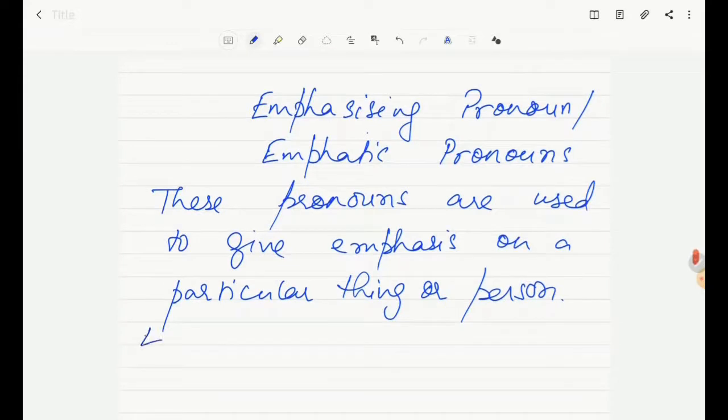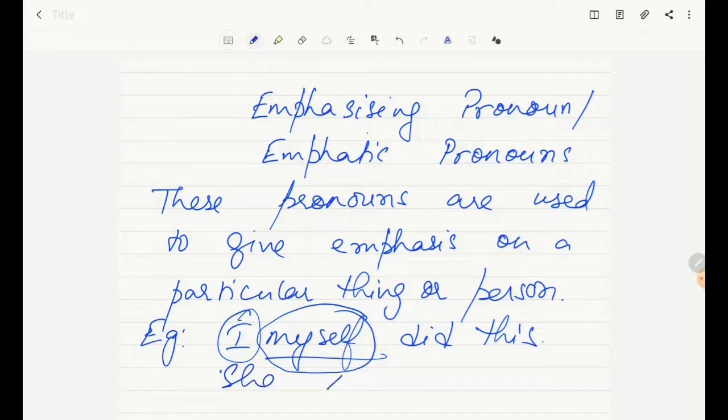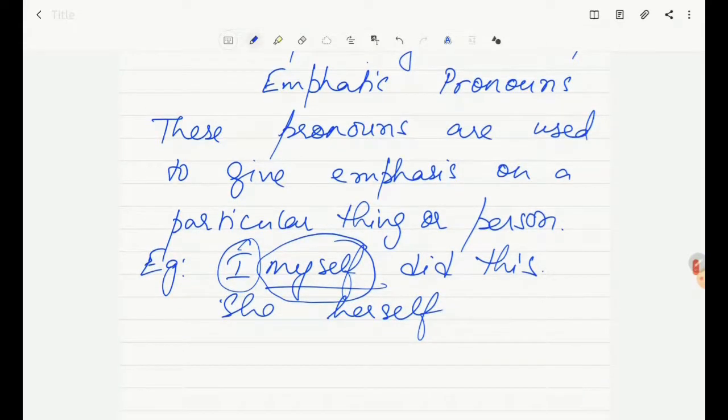Example, I myself did this. So myself is giving emphasis on I, meaning I am the only person who has done this. So emphasis is given on the word I by the pronoun myself. She herself completed the homework.